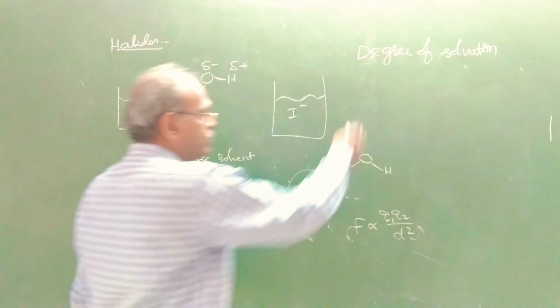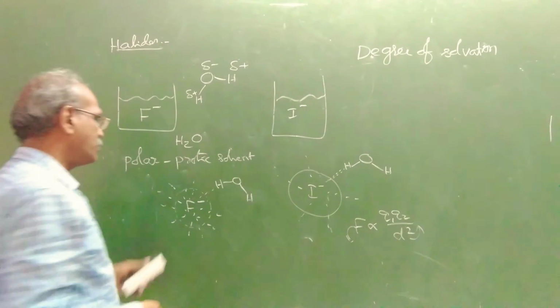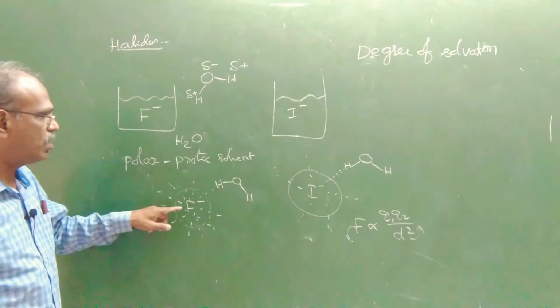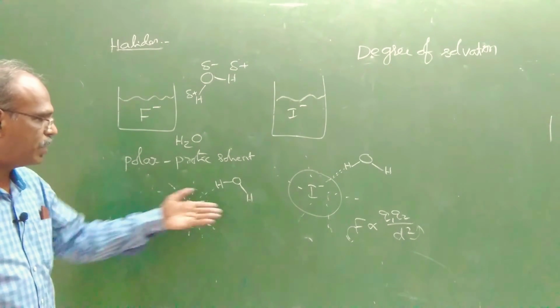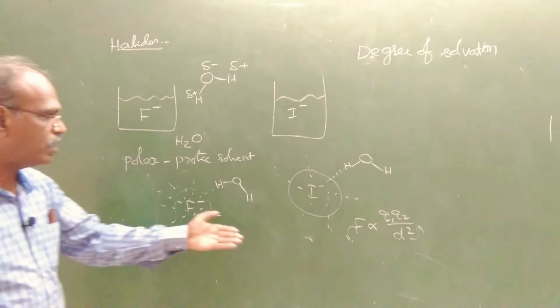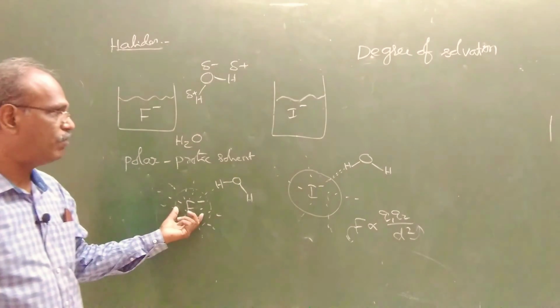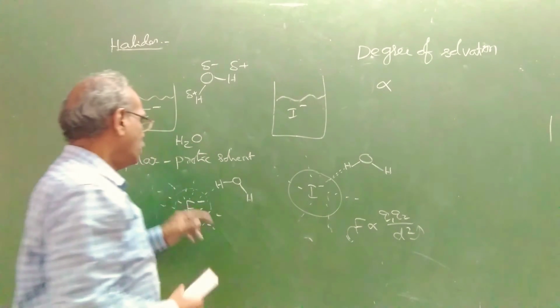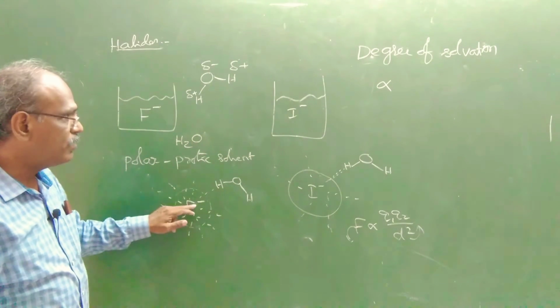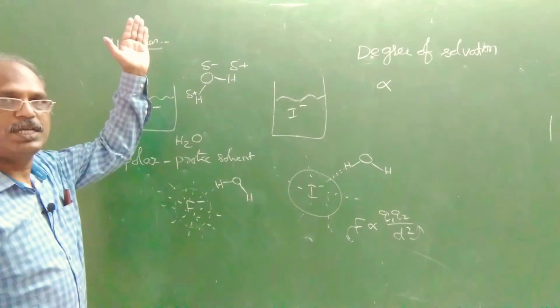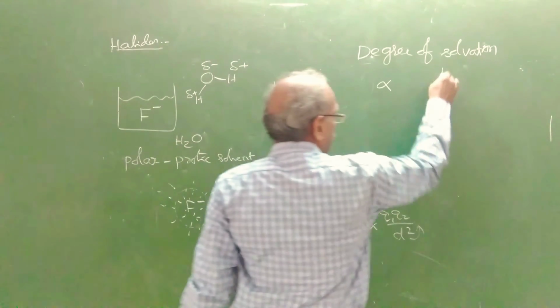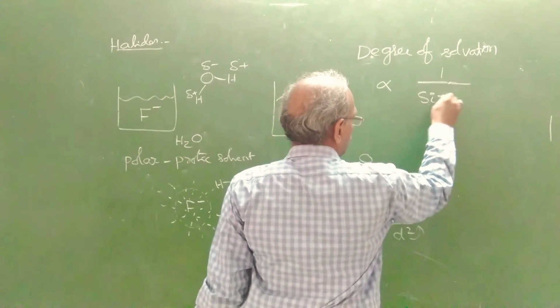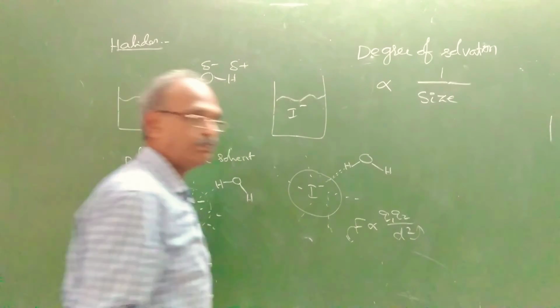Is the degree of solvation more in the case of a smaller ion or a larger ion? It's very clear according to Coulomb's law. For the smaller ion the degree of solvation is more. So if size decreases, the degree of solvation increases; it is inversely proportional to the size of the donor atom.